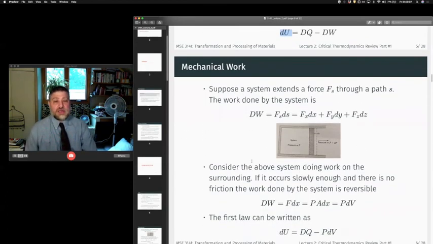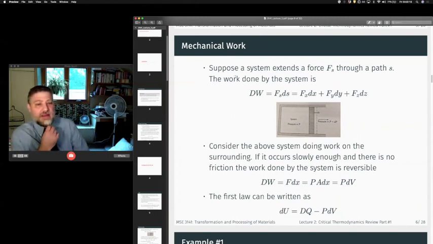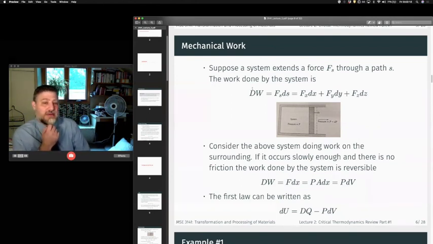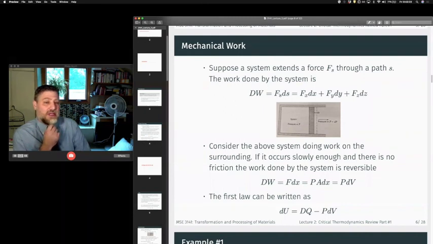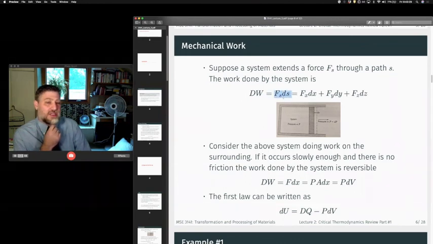Okay, so let's suppose we have a system, right? And it extends a force through some path, right? The work done by the system is going to be essentially given by the force times our path differential, right? And so if we consider this piston doing work on the surroundings, right? So this fluid here is expanding, right?